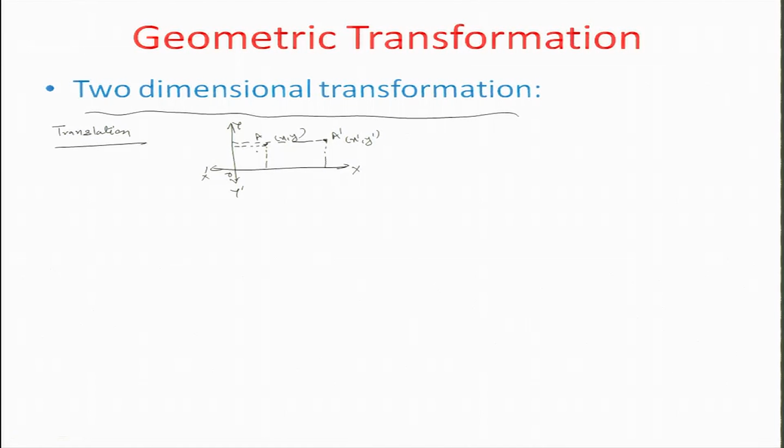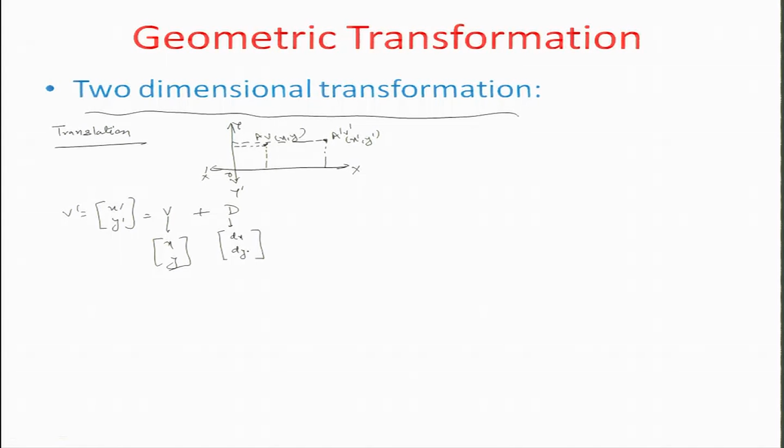So, if I call this a vector v, (x, y), and this another vector, let us say v dash, (x dash, y dash), I would be able to write this translation in terms of the vector v dash, given by the coordinates x dash, y dash, equals the vector v, which you can interpret as the matrix x, y, plus a certain distance matrix, which means how much the point has moved in the x direction and the y direction.